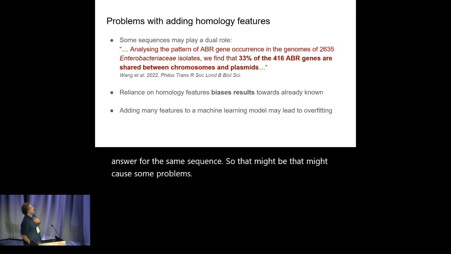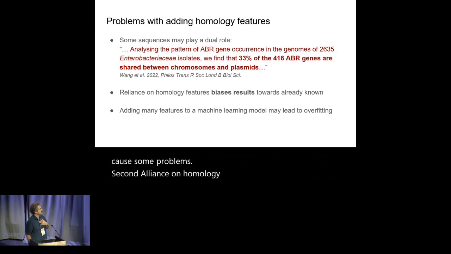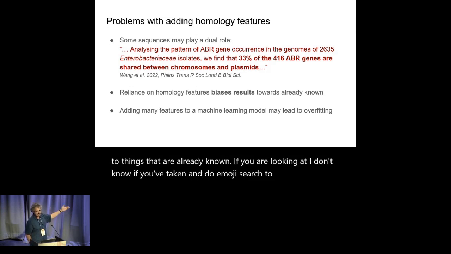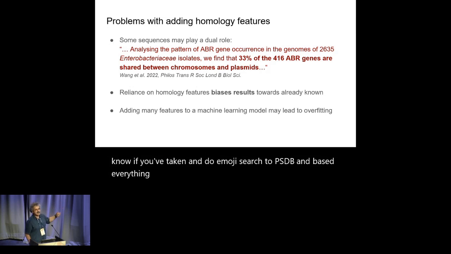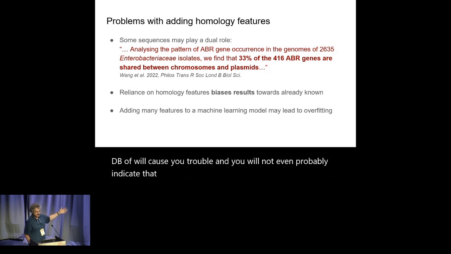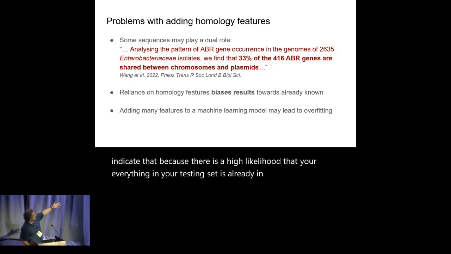Second, reliance on homology features biases results toward things that are already known. If you do a homology search against PLSDB and base everything on these matches, then things that are not in PLSDB will cause you trouble. And you will probably not even notice, because there is a high likelihood that everything in your testing set is already in PLSDB.